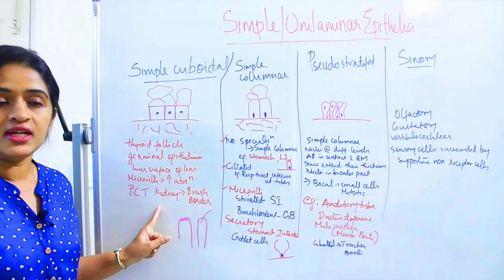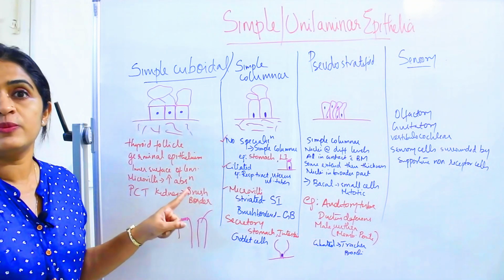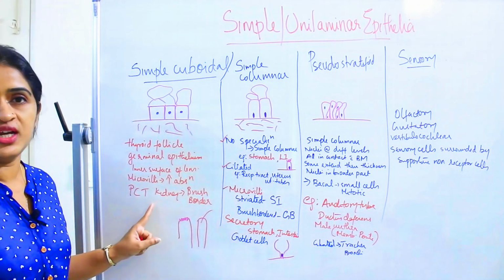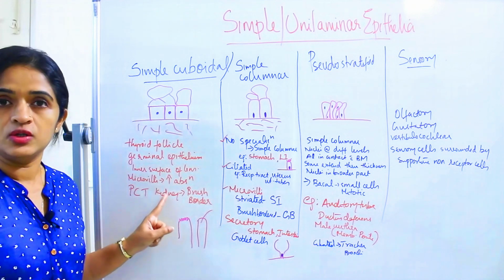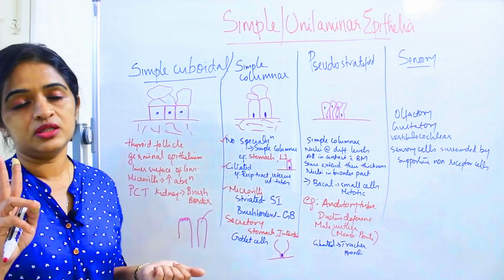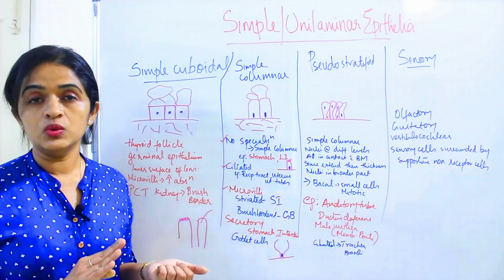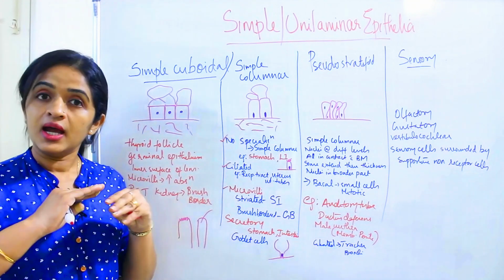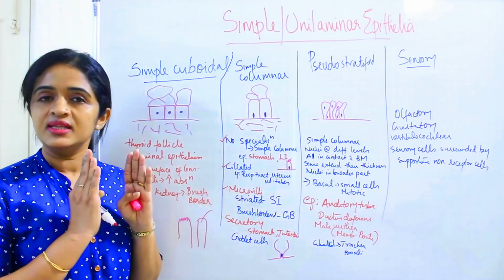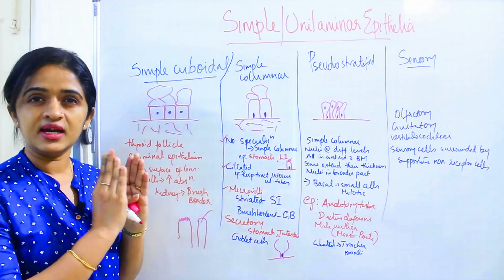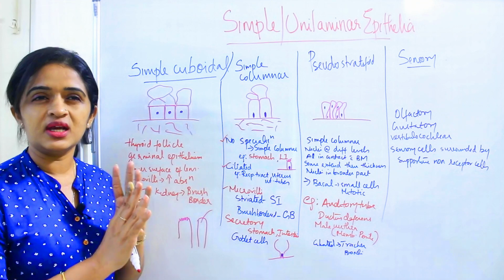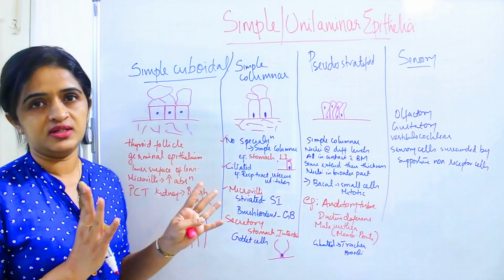And where will you get it? It is said to be brush bordered cuboidal cells, which you get in the proximal convoluted tubule of the kidney. Brush bordered and striated are the two terminologies used when they describe the arrangement of the microvilli. Striated means they are arranged in a regular fashion, whereas brush bordered means they are arranged irregularly in different directions.